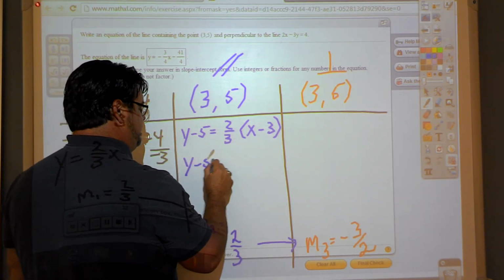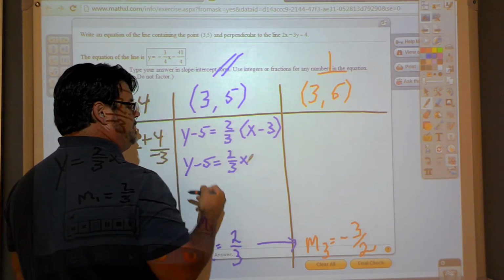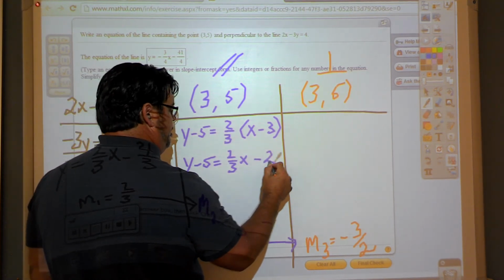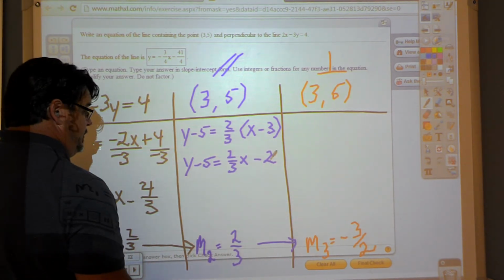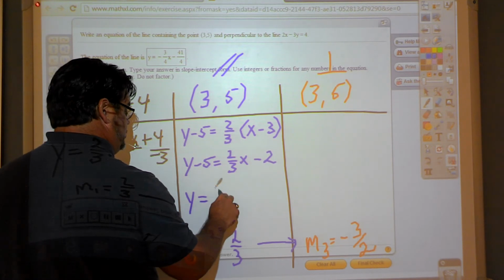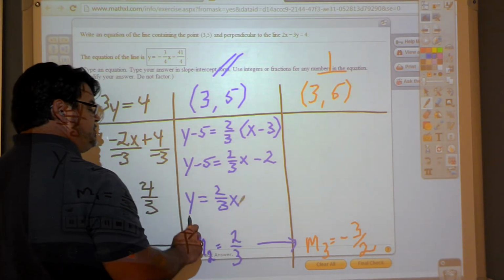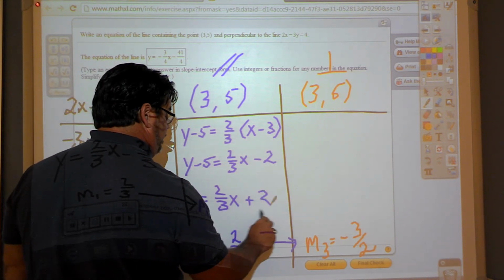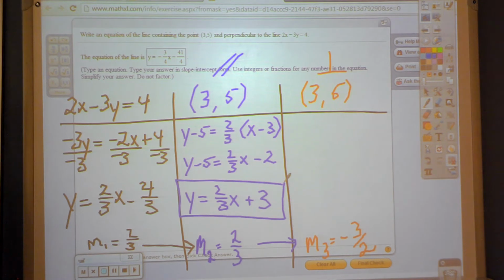Y minus 5 is equal to 2/3 x. What's 2/3 times negative 3? Negative 2, Hubert. That's right, class. Y is equal to 2/3 x. What's negative 2 plus 5? 3. And that's the parallel equation.